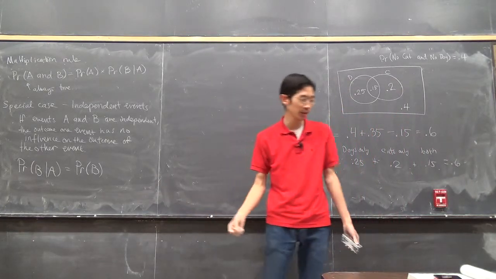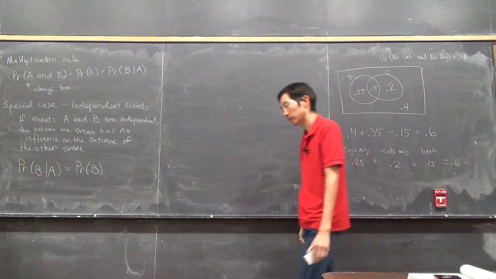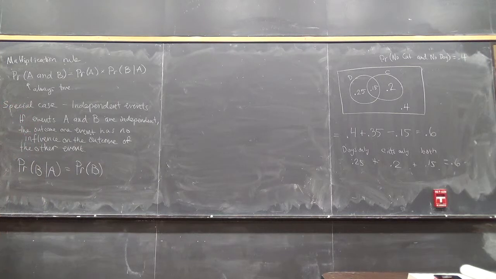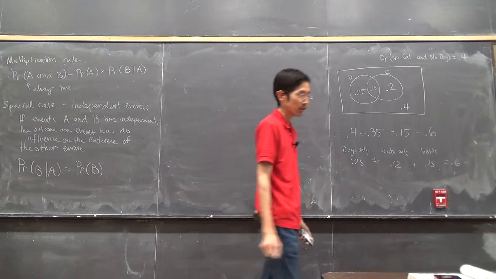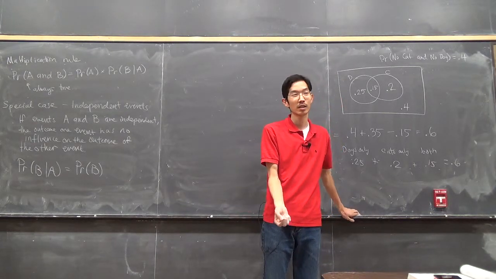So it could be, if we flip a coin multiple times, the outcome of each coin flip is independent of the previous coin flips. So if I say, what's the probability that the coin is going to land heads? You'd tell me 0.5.